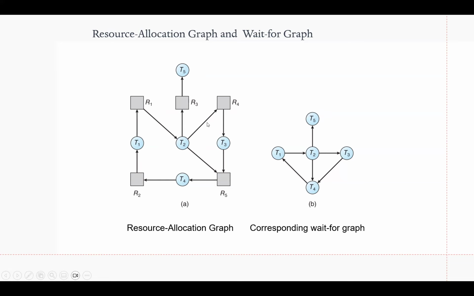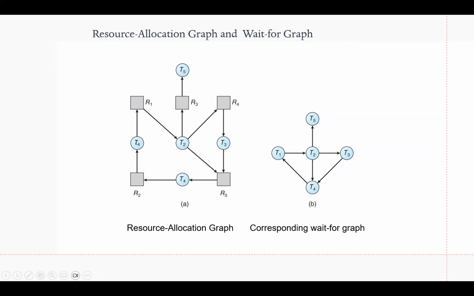Now from this graph, we have to construct the wait-for graph. So what is the formula? It is very easy. If there is a waiting edge from one thread or process to another process, we add it. For example, T1 is waiting for the resource R1 and T2 is holding the resource R1.